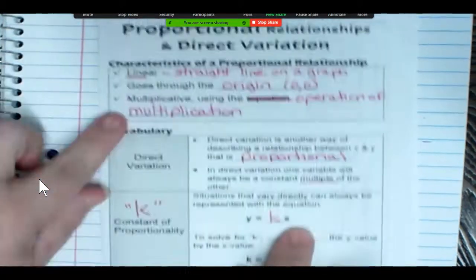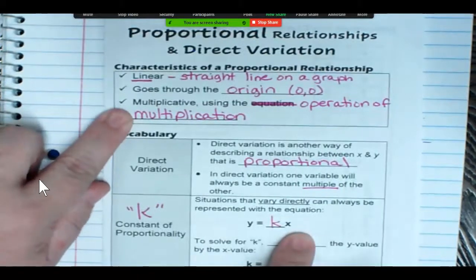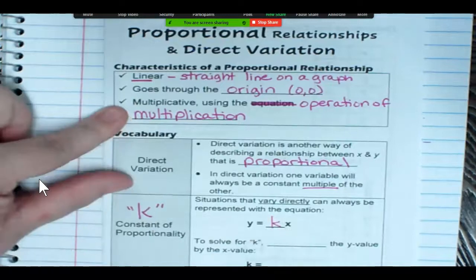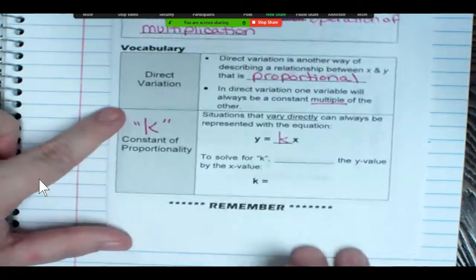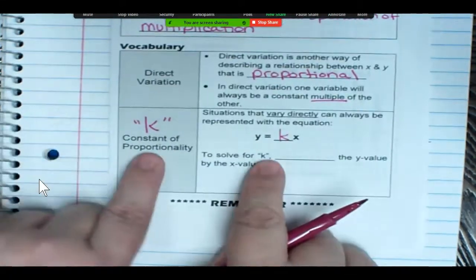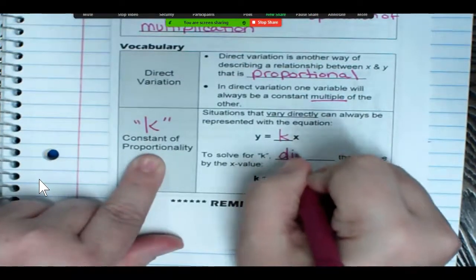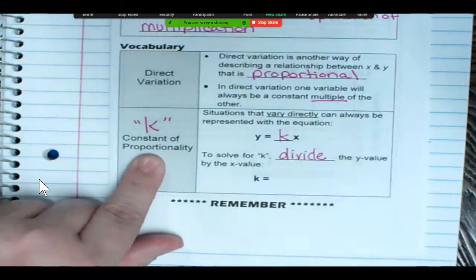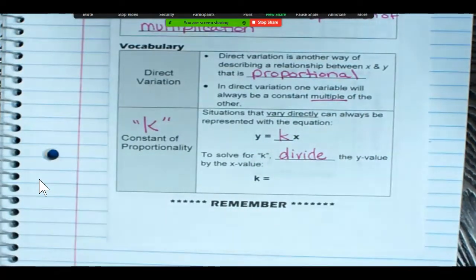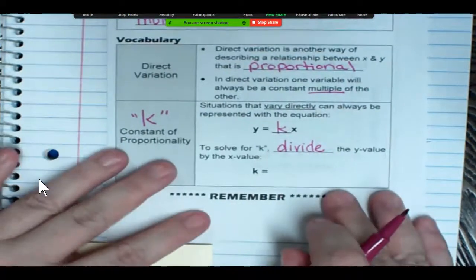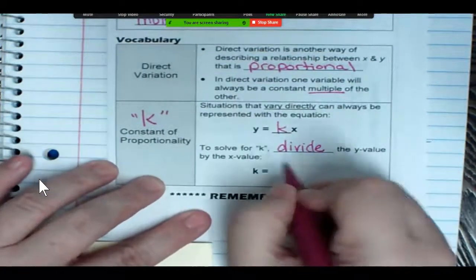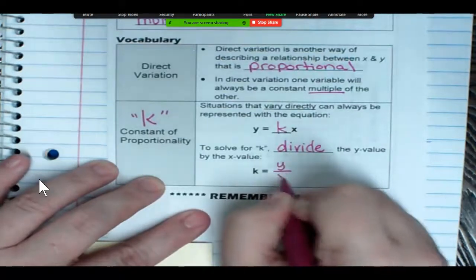Remember, up here we said we're going to use the operation of multiplication right here, k times x. To solve for k, to find that constant of proportionality, I am going to divide the y value by the x value. So k is equal to y divided by x.